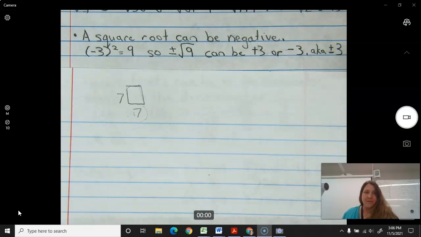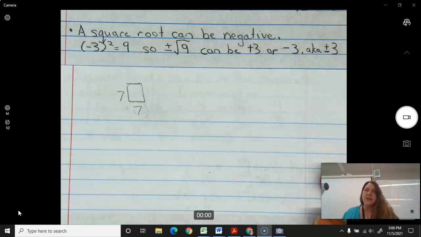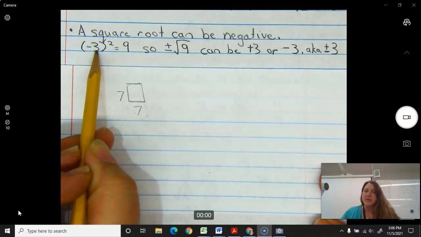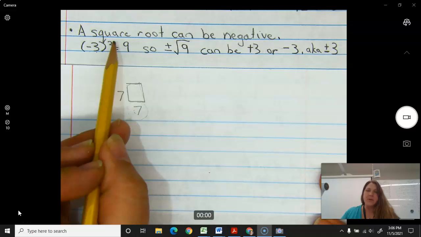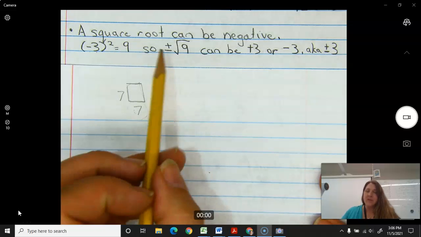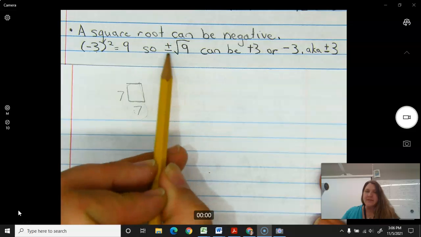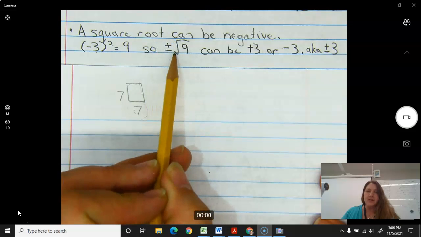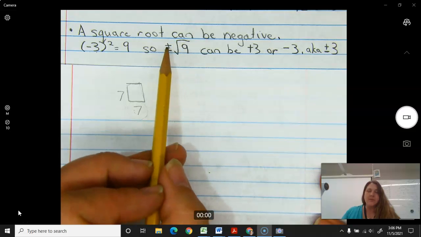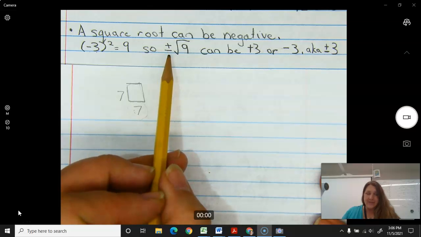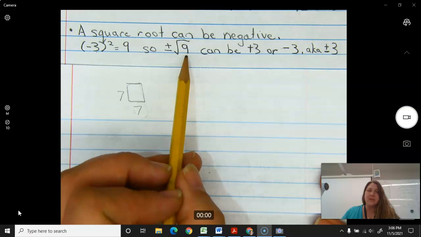Some other basic information about square roots is that a square root can actually be negative, because -3 inside the parentheses squared means -3 times -3, which gives me +9. If you see a sign like this in front of the radical sign, it wants to know what numbers, either positive or negative, could be multiplied by themselves to get 9.